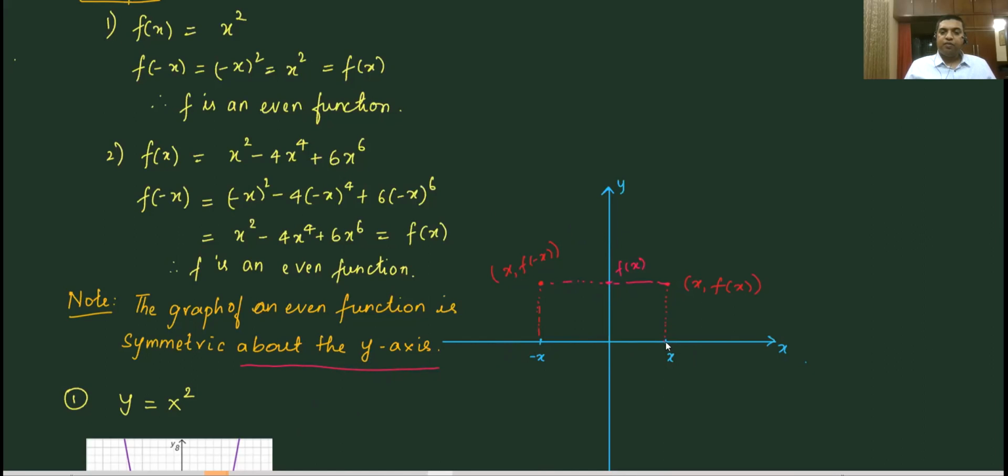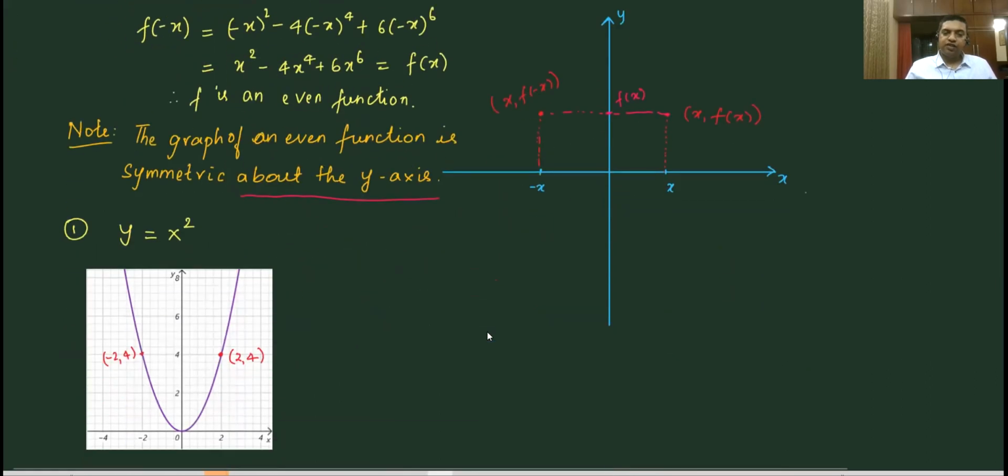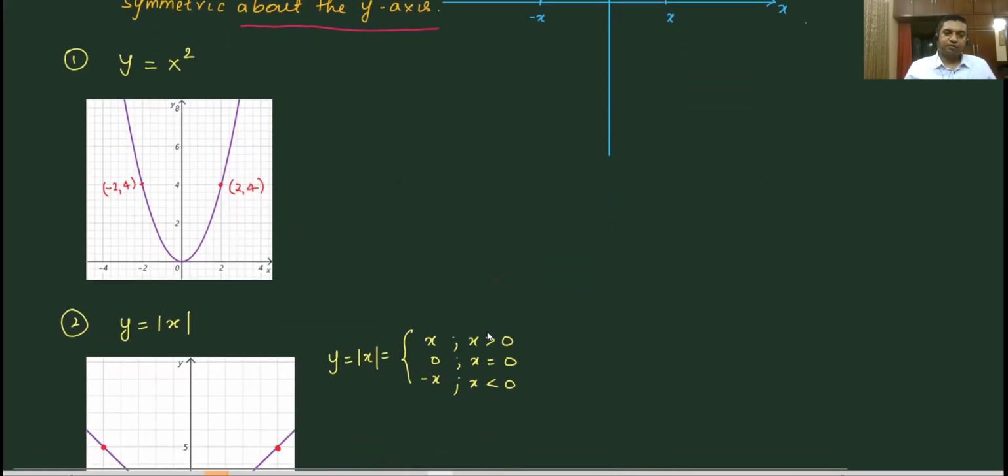So for x and minus x, the function value is the same. So now the graph usually is like this, or varieties of it. It will be symmetric about the y-axis. It need not be passing through 0, 0. It is not necessary. But it will be symmetric about the y-axis.